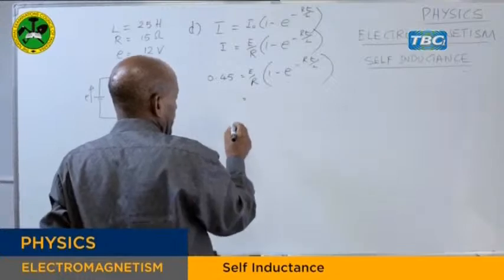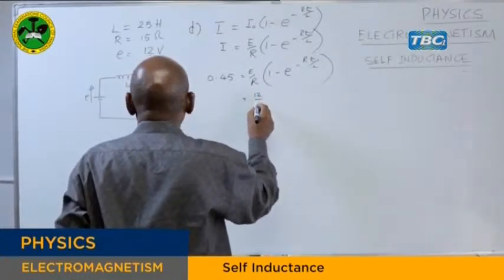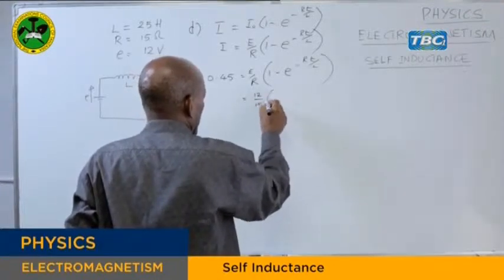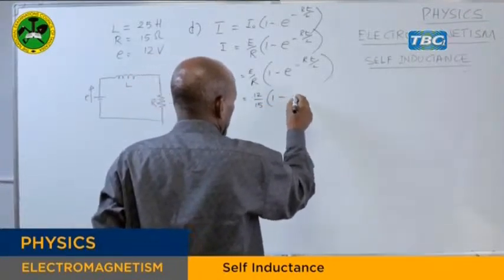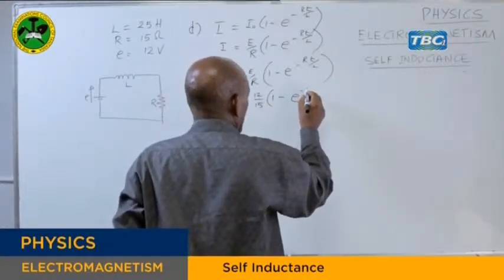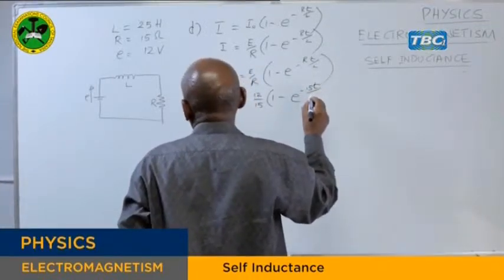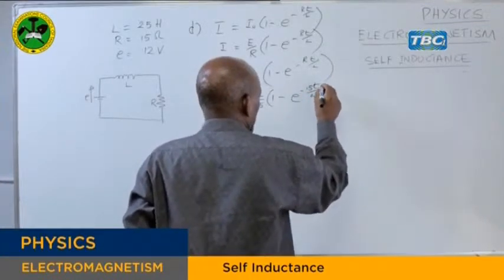If we substitute, the value for E is 12 volts, R is 15, and this will be equal to 1 minus e power minus 15 T over L, which is 25.